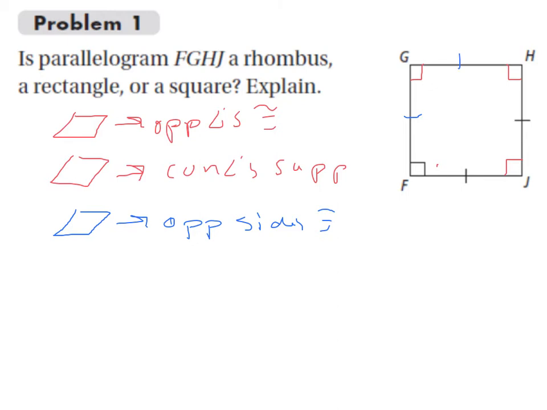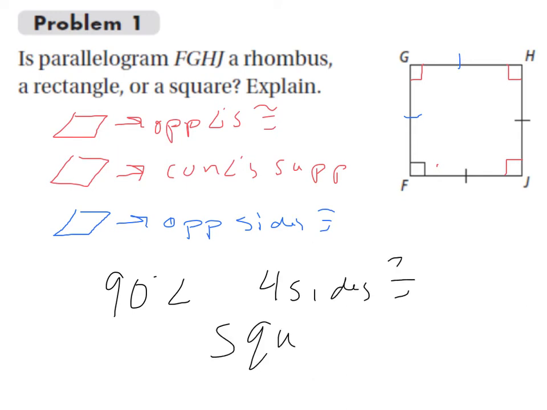So now I have everything I need, and it looks like on this picture, since I have 90-degree angles and I have four sides congruent, that this would be a square. So again, for the homework quiz, it'd be a good idea to write down why this would be a square.